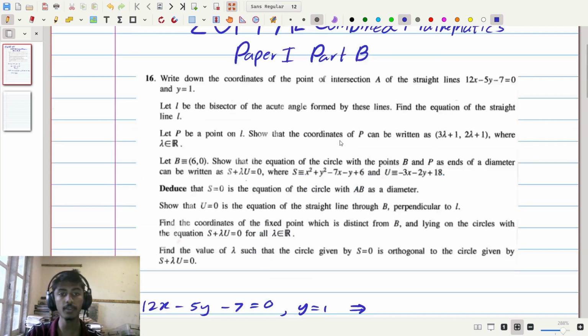Now that we've done that, we can move on to the second part of the question, which says, let L be the bisector of the acute angle formed by these lines.